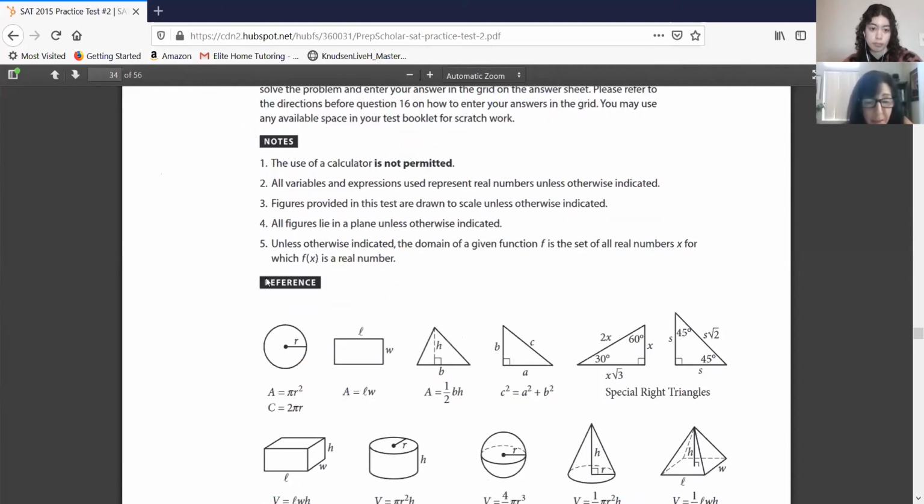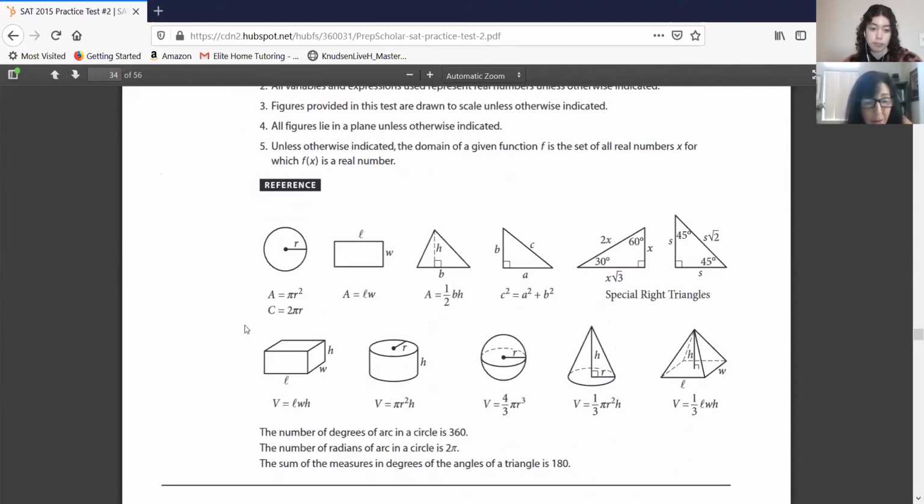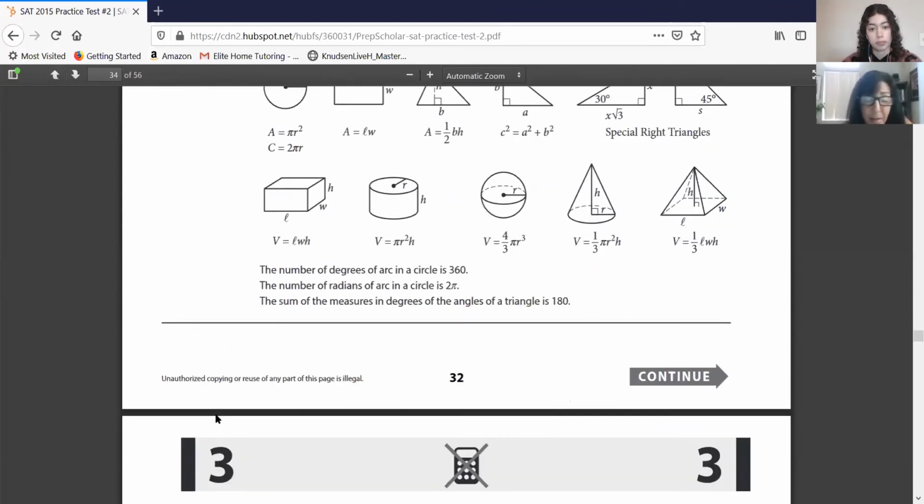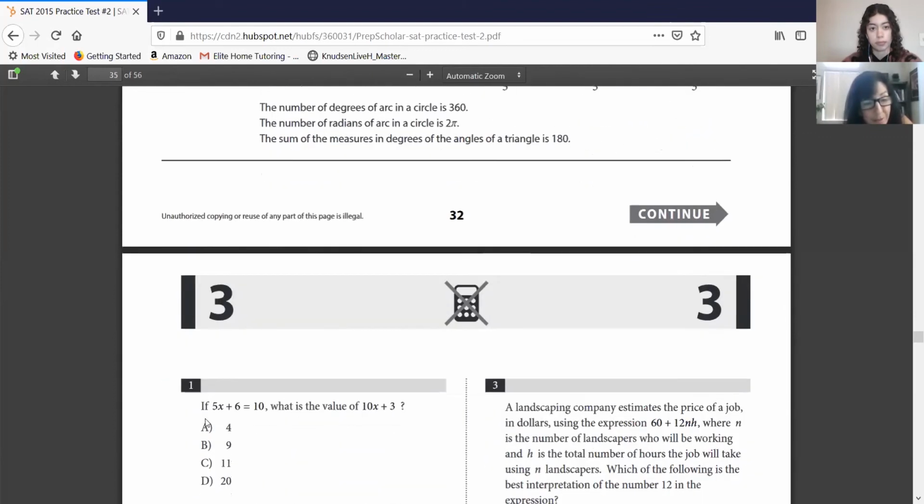Basic, you don't need to read it on the day of the test. So here is our reference sheet: area and special right triangles, volume, a few very basics. I will let you know next time what the most important formulas are that you need to know by heart, by memorizing them if necessary.